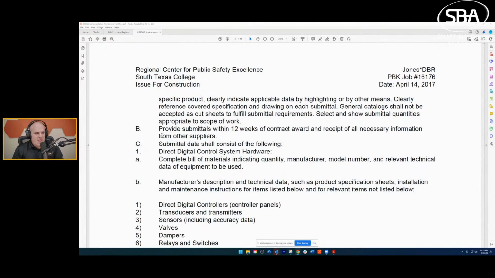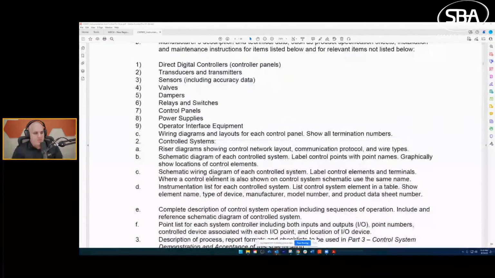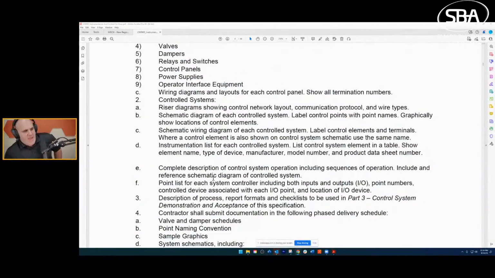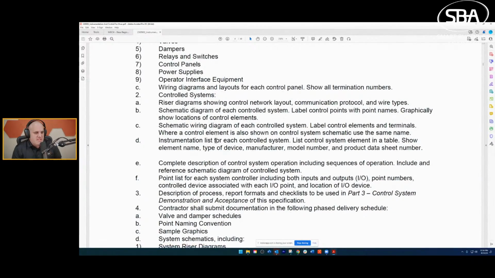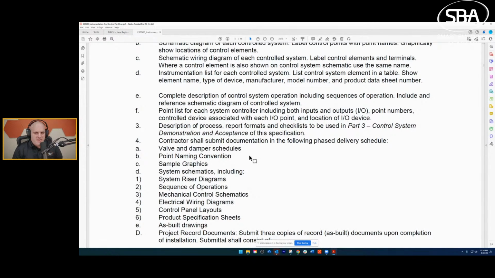So I like to pay specific attention to what is the order that things need to be in. What documents do I need to provide? What are they expecting to see? And then what format does it need to be in? Does it need to be in electronic? Does it need to be in 11 by 17? Does it need to be in 36 by 24?